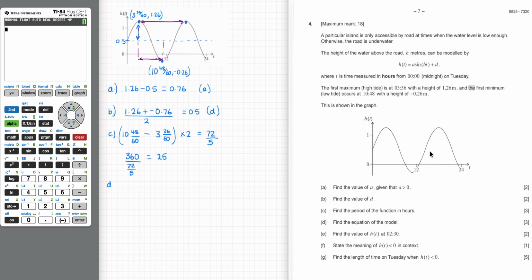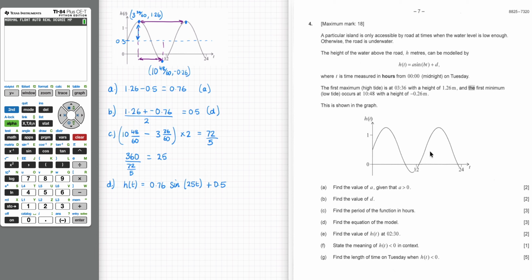So for part D, the model h of t is 0.76, which is the height of the wave, the amplitude, times sine, and then it's 25t, and I have the plus 0.5 for the principal axis at the end. So now I have the full equation of my model.